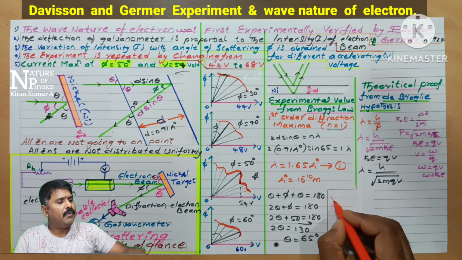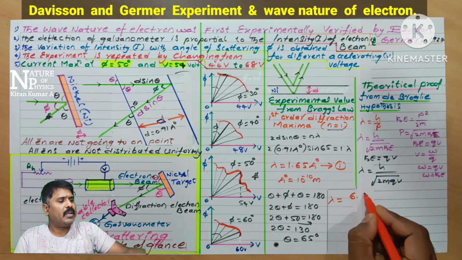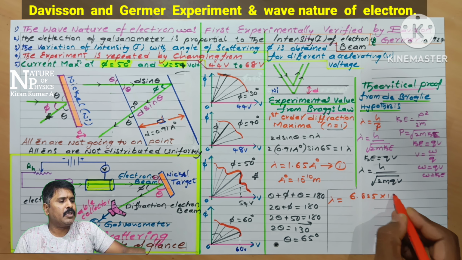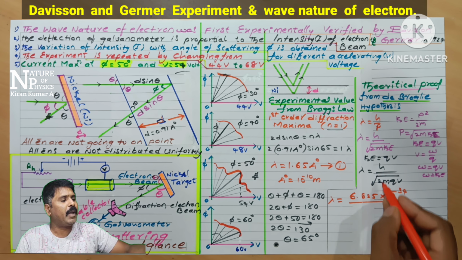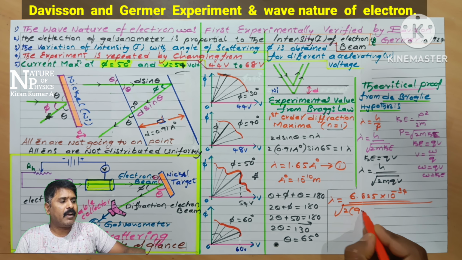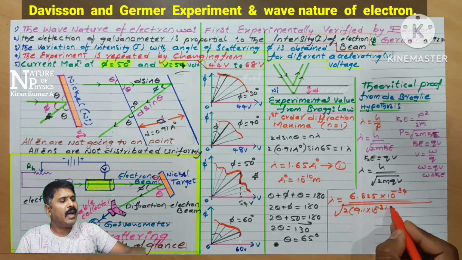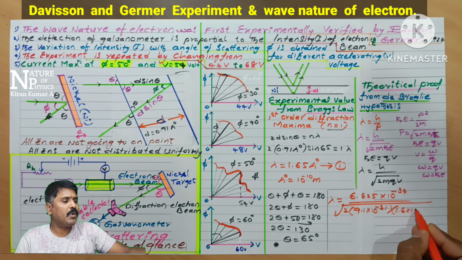Now lambda is equal to h, the Planck's constant, 6.625 into 10 to the power of minus 34 joule second, whole divided by root over 2 into the mass of the electron, 9.1 into 10 to the power of minus 31 kg, and next the charge of the electron, 1.6 into 10 to the power of minus 19, and the voltage we got is 54 volts, student.